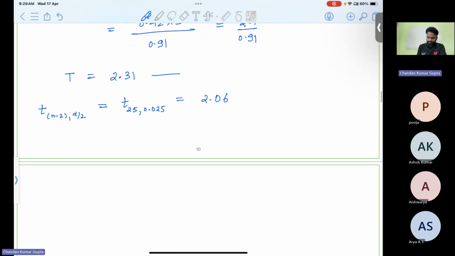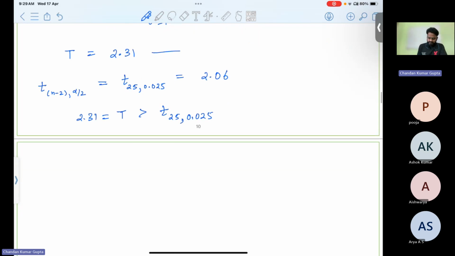Now again, 2.31, which is equal to t, is greater than the tabulated value at 25, 0.025. That means the calculated value is greater.